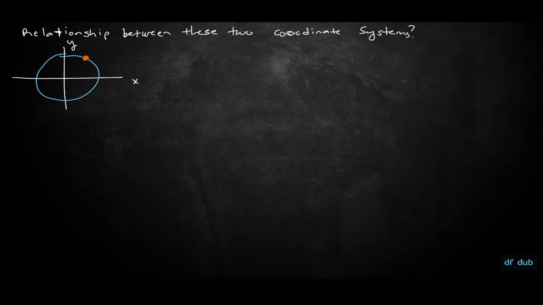Well, we know it has an x value, and we know it has a y value, and it also has an r value and a theta value. So this is r, and this is theta.